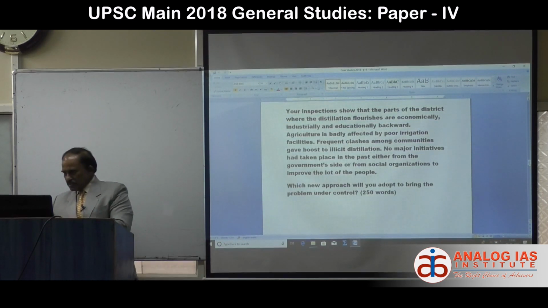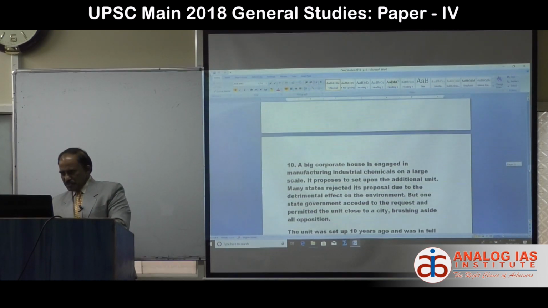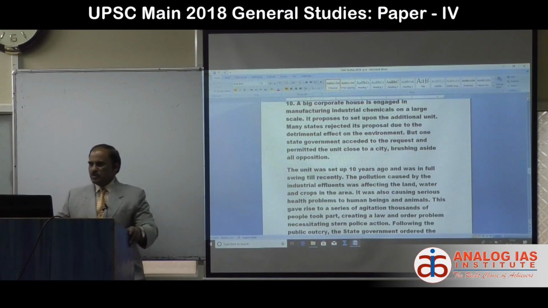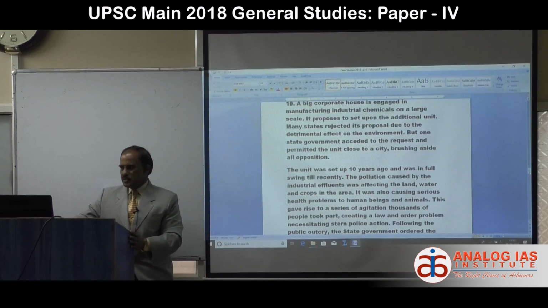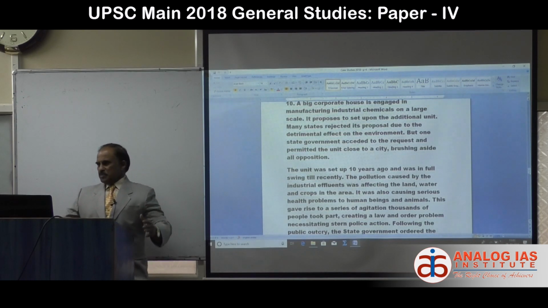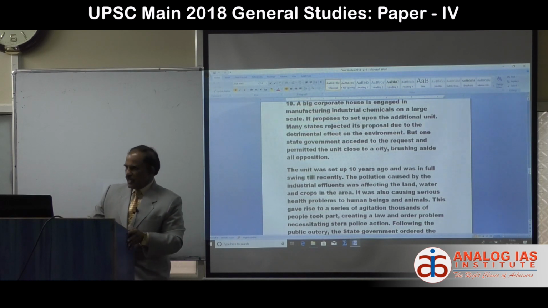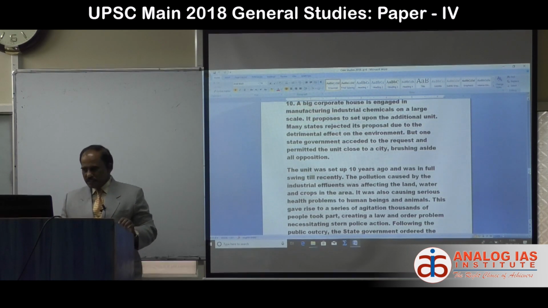Case study number 10 talks about a big corporate house engaged in manufacturing industrial chemicals on a large scale, which proposes to set up another unit. Many states rejected such a proposal. The unit was started 10 years ago and was in full swing till recently.